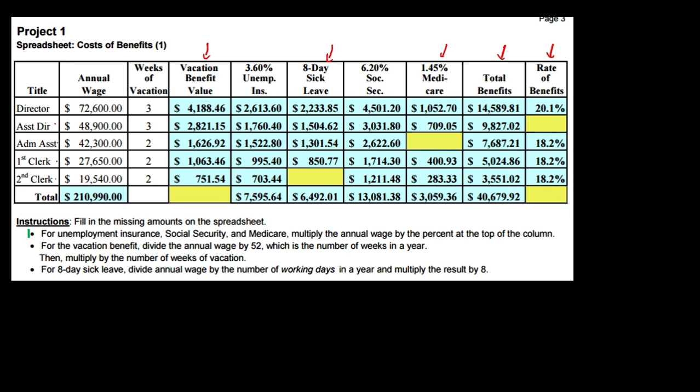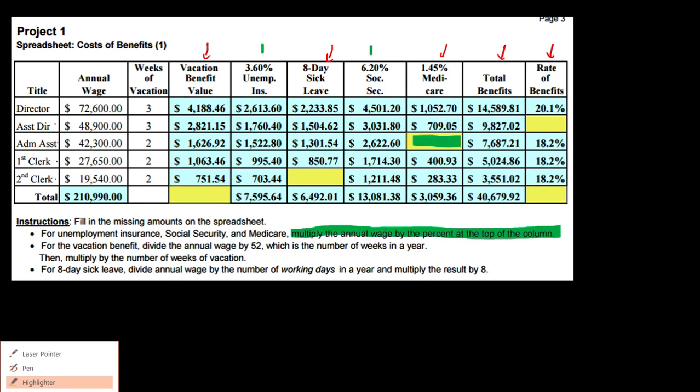Starting at this first bullet under instructions, it says, for unemployment insurance, Social Security, and Medicare, multiply the annual wage by the percent at the top of the column. Notice that for unemployment insurance, the column is already filled in. For Social Security, the column is already completely filled in, but we do need to fill in this Medicare box. So we'll use this information to fill in that box.